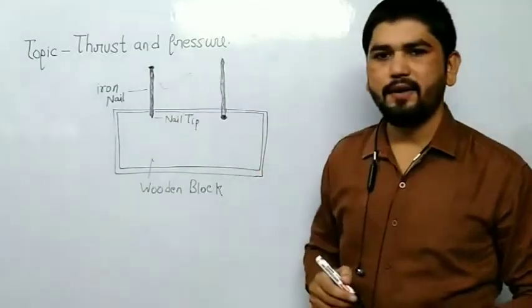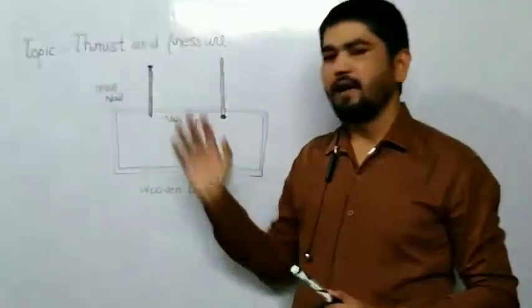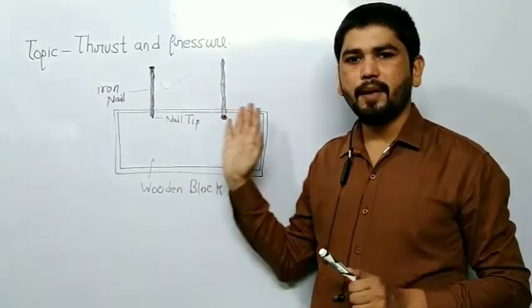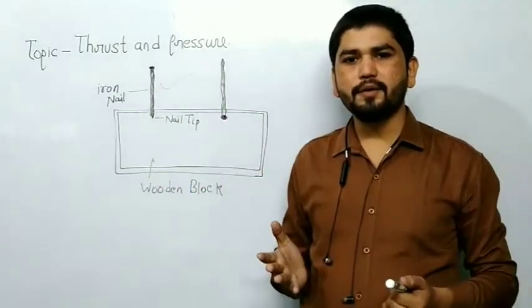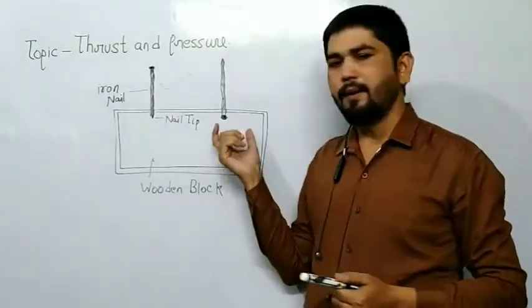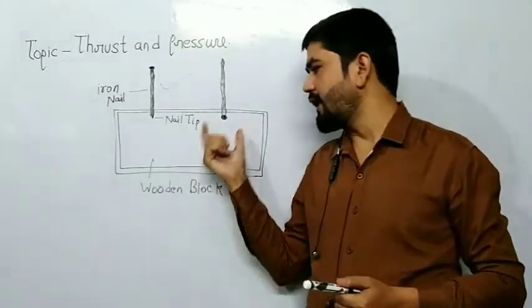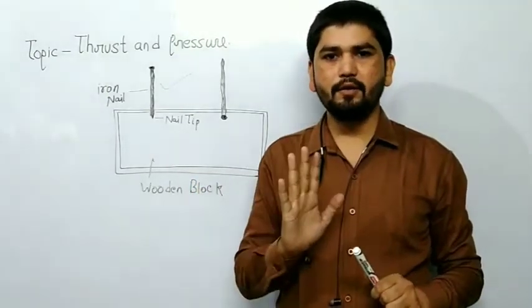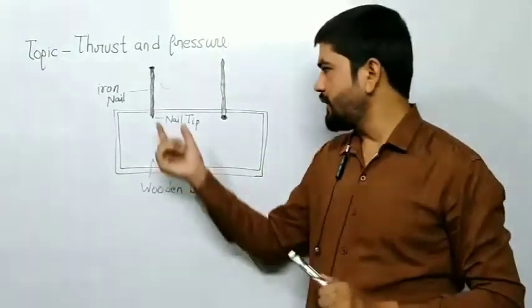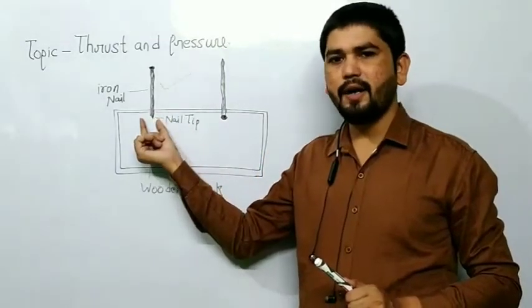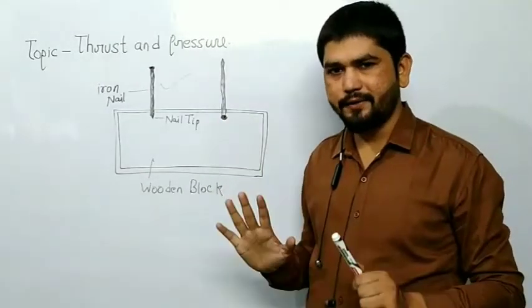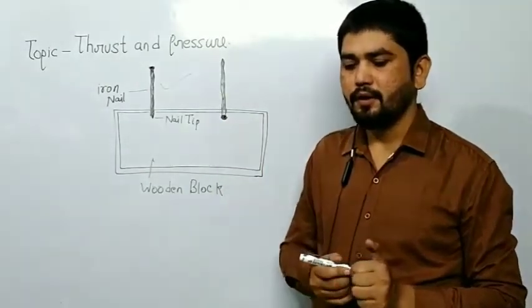This activity is easier because here less force is required. But in the second one, more force is required to embed this iron nail into the wooden block. Here less force required, here more force required. Okay guys?